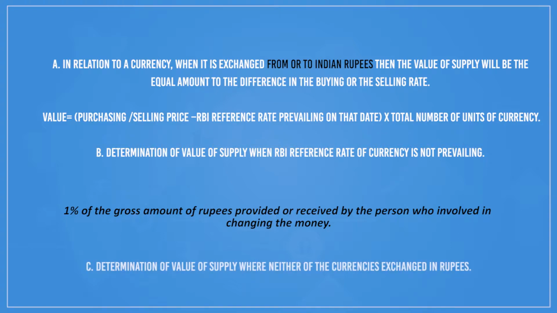Number 3, determination of value of supply where neither of the currencies exchanged is rupees. In such a case, value of supply shall be 1% of the lesser of the two amounts which the person changing the money would have received by converting any of the two currencies into rupees on that day at the reference rate provided by RBI.